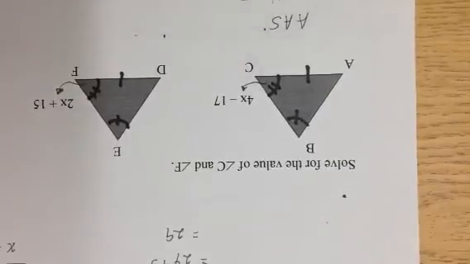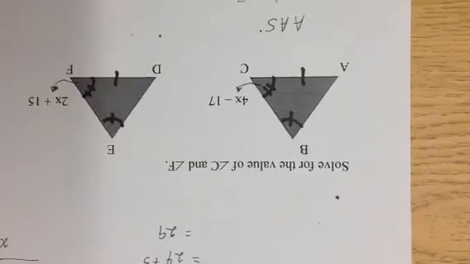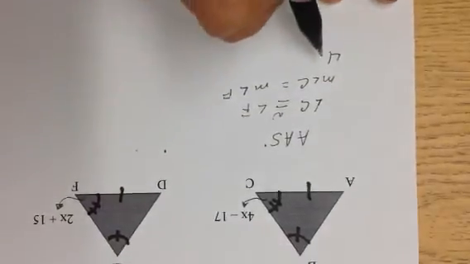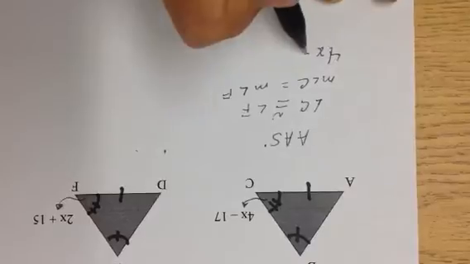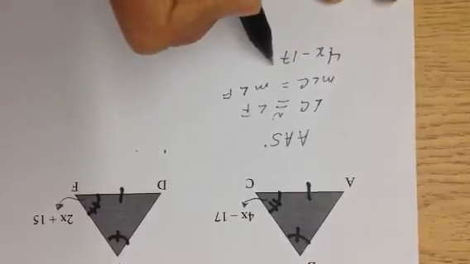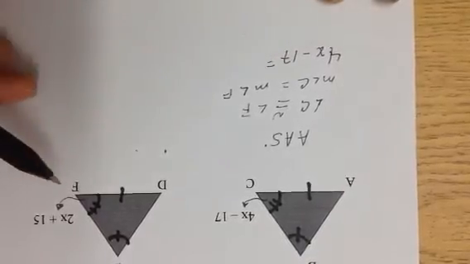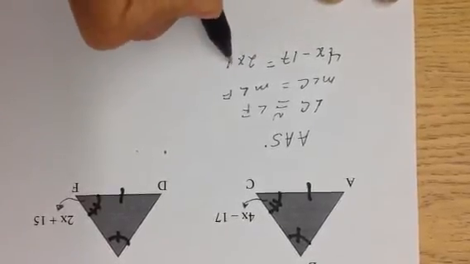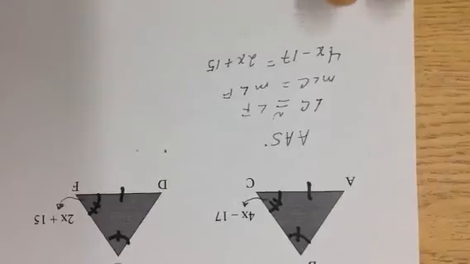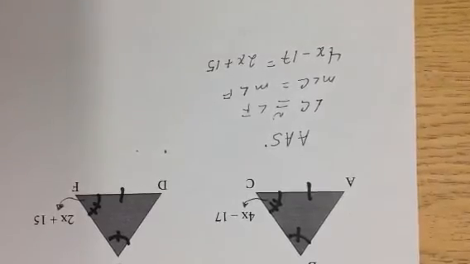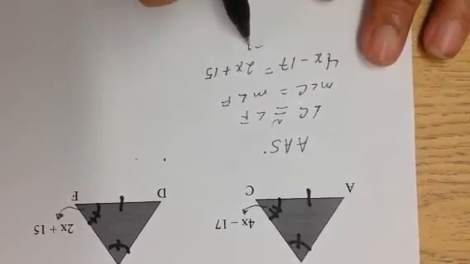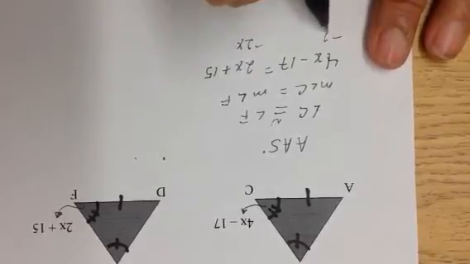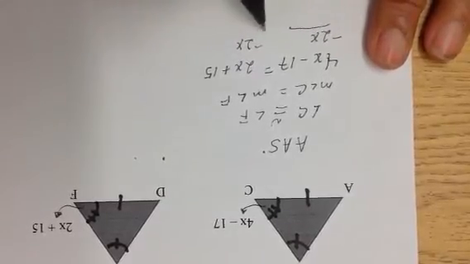The measure of angle C is 4x minus 17 equals, and the measure of angle F is 2x plus 15. Okay, we're going to eliminate the 2x first. So I'm going to add a negative 2x or subtract 2x from both sides.